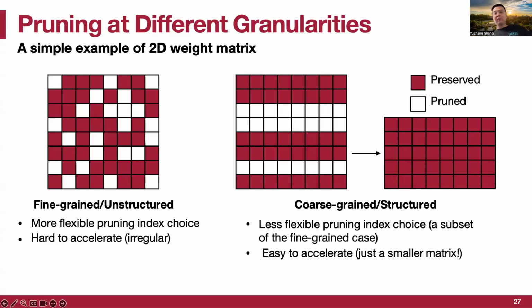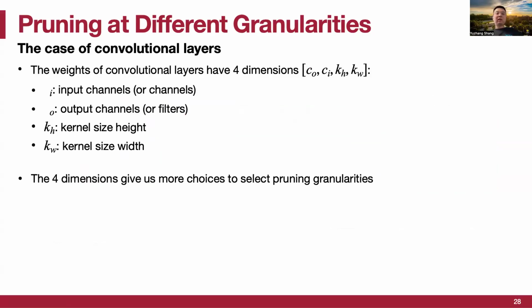Next, this is just a demonstration of what structured and unstructured pruning methods are. For the convolutional neural network case, it's more complicated, because the previous example focused on just one layer, a fully connected layer.